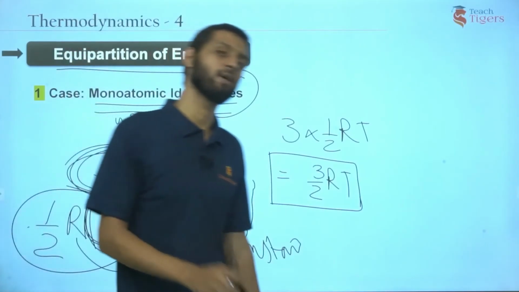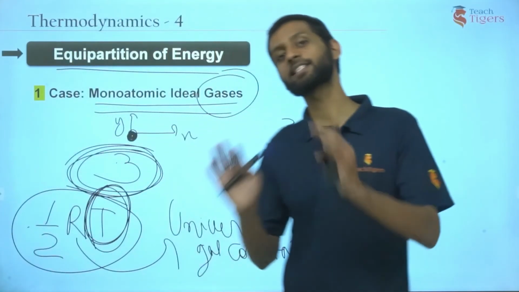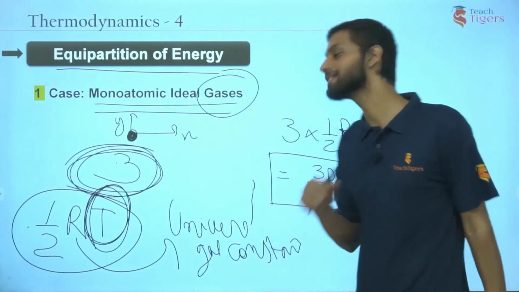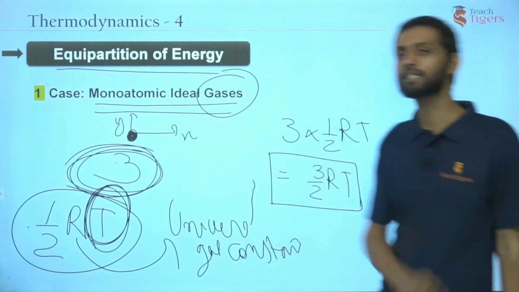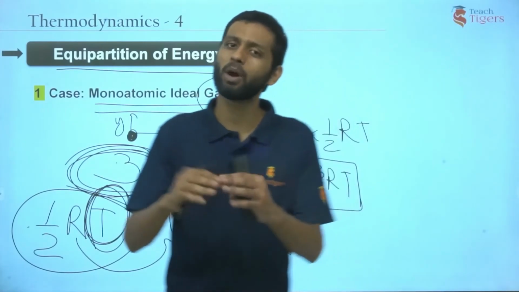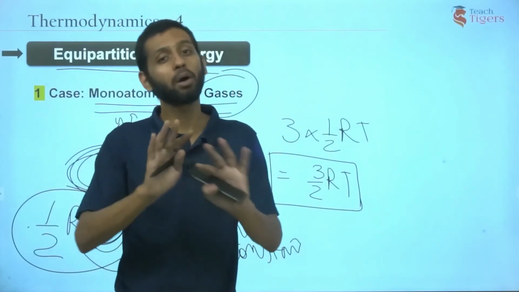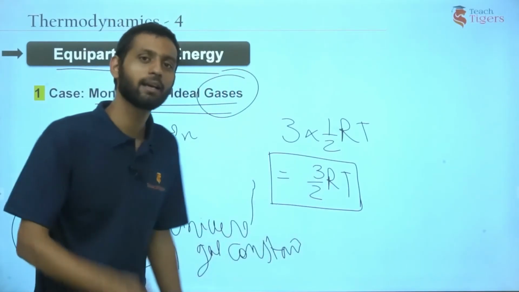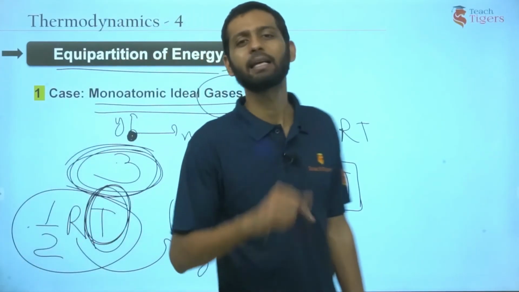This is the energy of an ideal gas. I asked you to remember this formula in the last few lectures, but now you can make sense of it, because in each translational degree of freedom, 1 by 2 RT is shared per mole of the gas, and hence we have 3 by 2 RT in total.